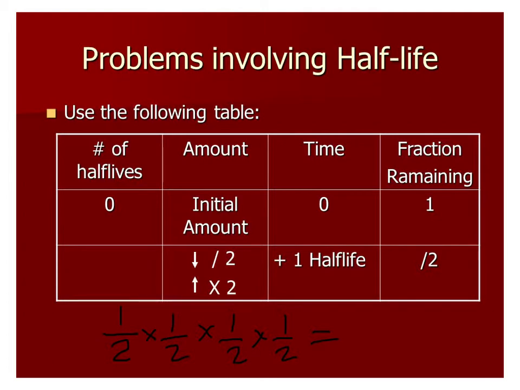How can I better represent that? Well, you can do that easily. You're going to say that you have 2 raised to the n, and n is the number of times that you're going to multiply by 1/2. In other words, the number of half-life cycles that you're going through. So n equals the number of half-life cycles.